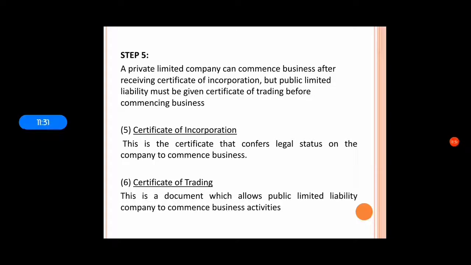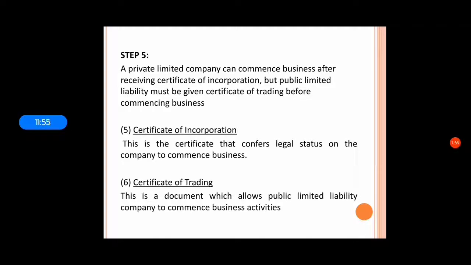So now that will lead us to the definition of certificate of incorporation. A certificate of incorporation is a certificate that confers legal status on the company to commence business. So the private limited liability company can commence business immediately they are given the certificate of incorporation. Then the last one we'll talk about is what we call the certificate of trading.